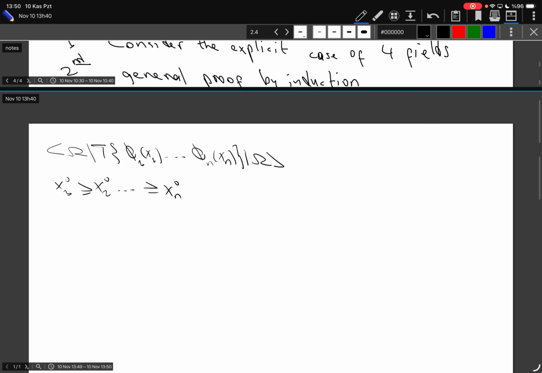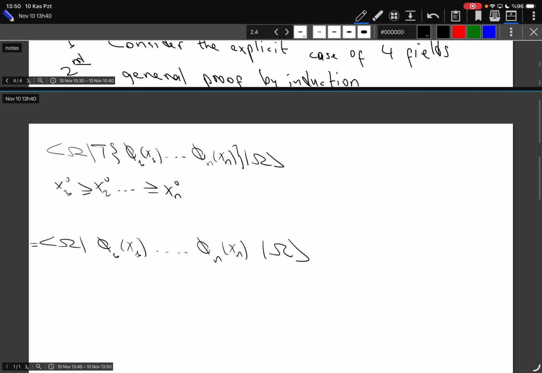Now, why do I do that? Because if this is the case, then this is my matrix element. Time ordering has already done its job. So there's no time ordering operator in this expression.